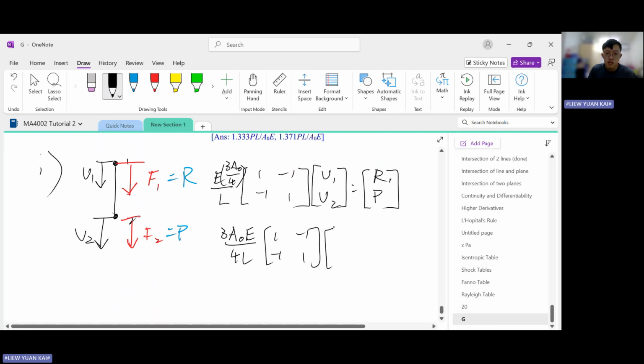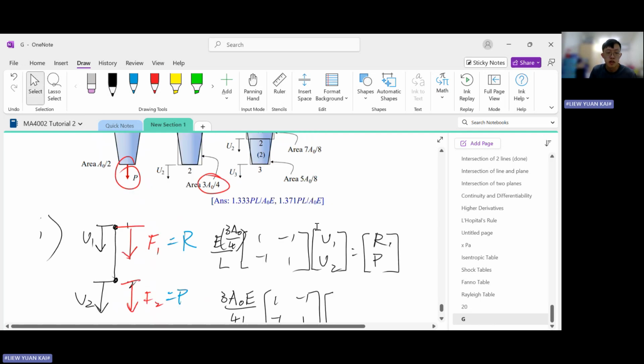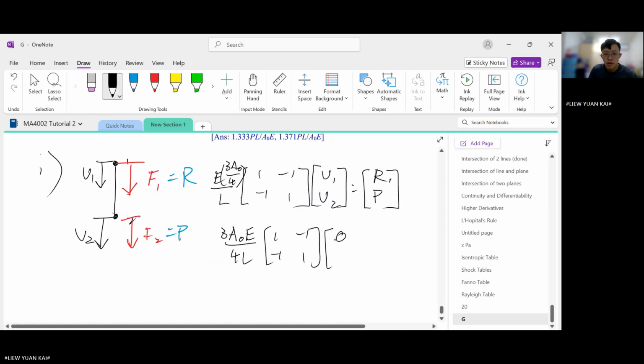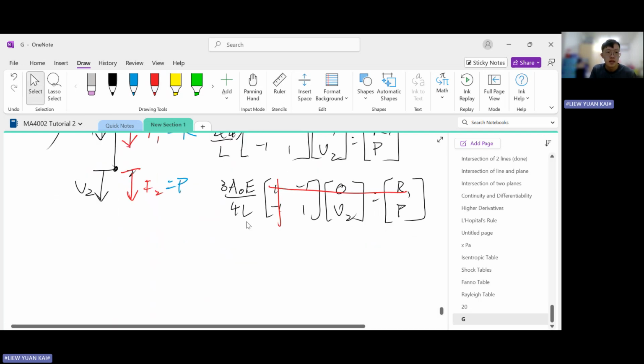And then here we substitute the boundary conditions. We know that point 1 is fixed, so that means U1 is equal to 0. U2 is unknown, and is in fact what we want to find. Because U1 has a 0 displacement boundary condition, we can eliminate it to get the reduced system.